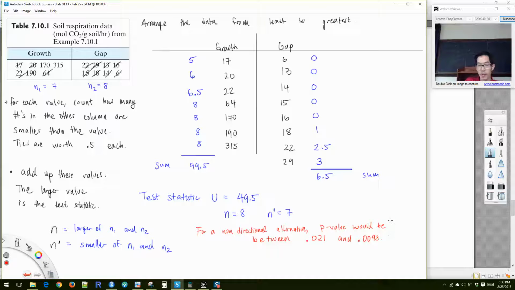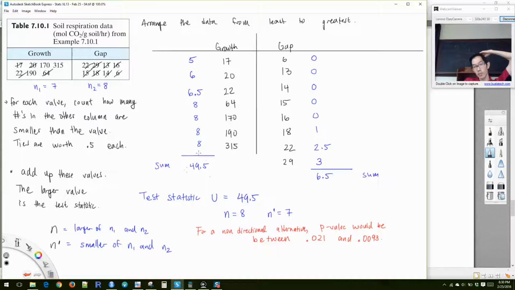I think we have a directional alternative, something like growth data is larger than the gap data. Anytime you have a directional alternative, you should verify that directionality is met, which it is.